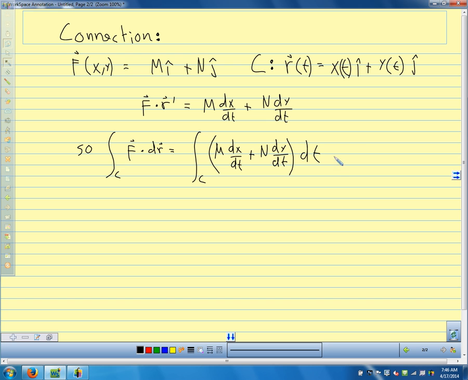And we can rewrite that as the line integral over our curve of M dx plus N dy, with the dt's gone.